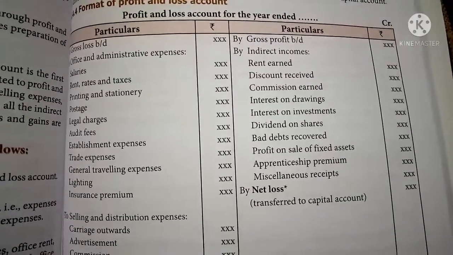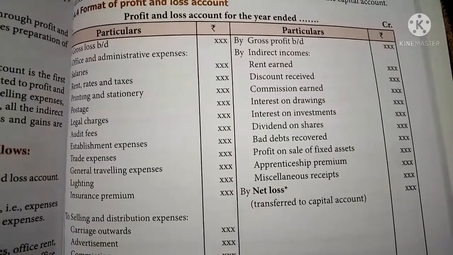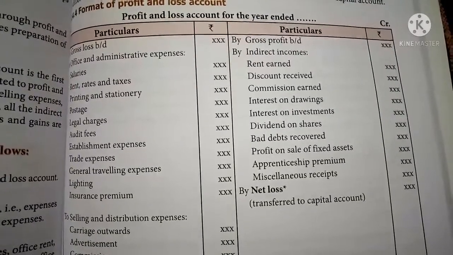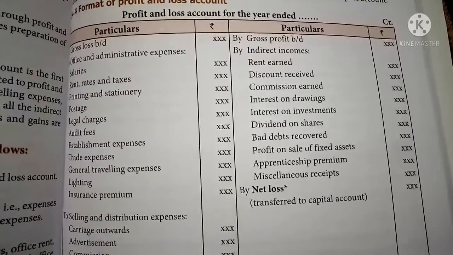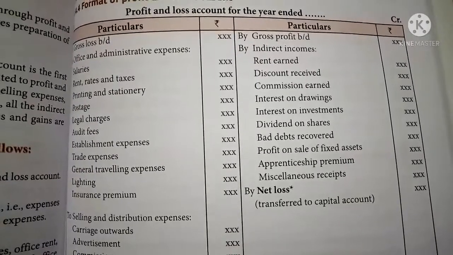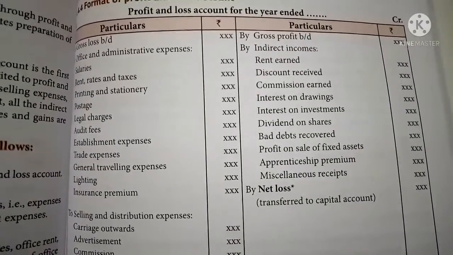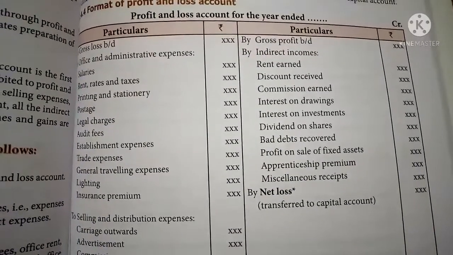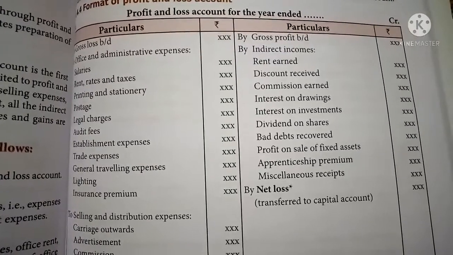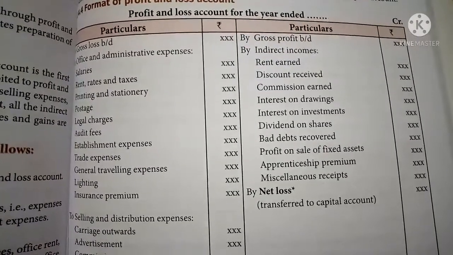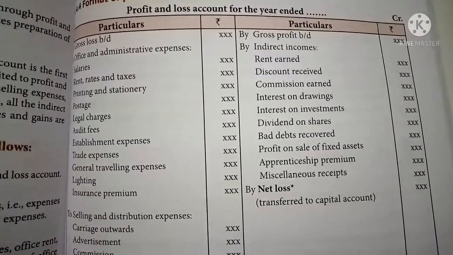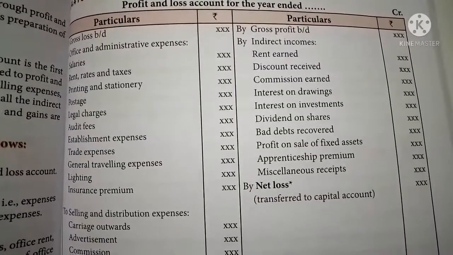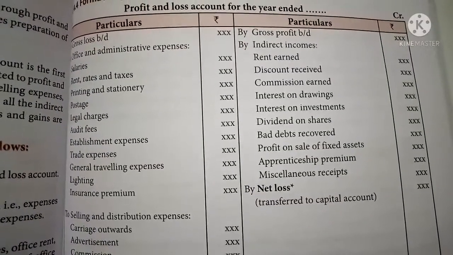Make the necessary particulars and amount columns on both the debit side and the credit side. Write the heading, Profit and Loss Account of the name of the business person, for the year ended, and mention the year.